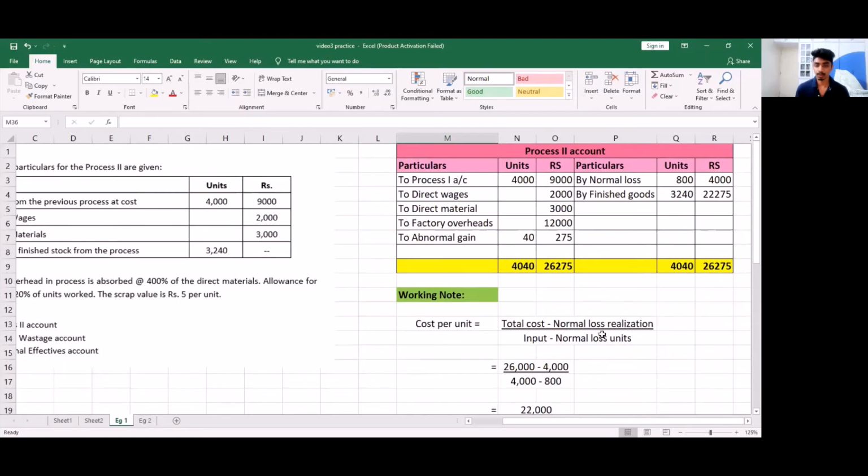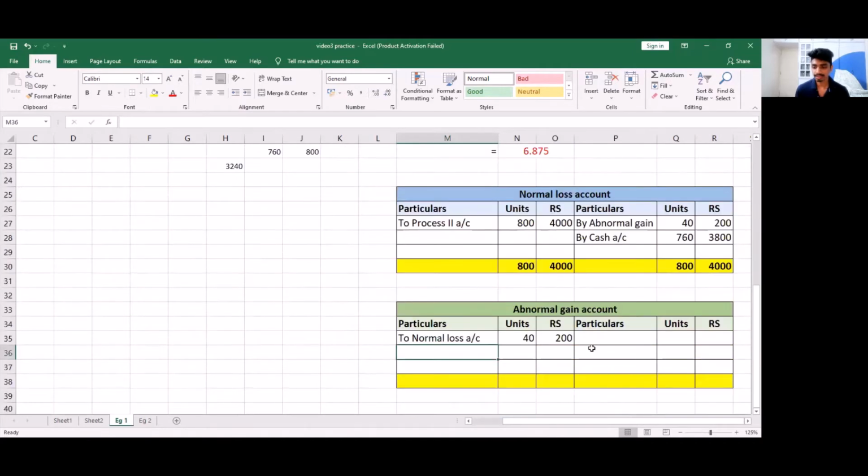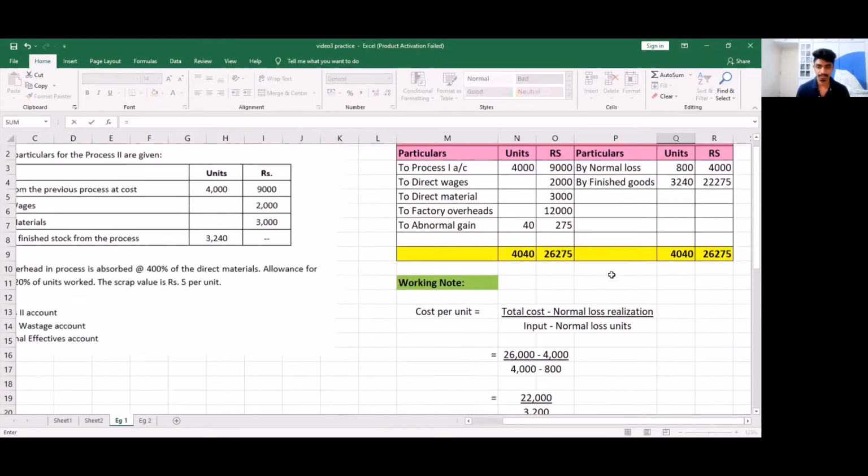Next, from our process account, we have this. To abnormal gain will be written as By process 2 account, and the units and the amount will be the same.